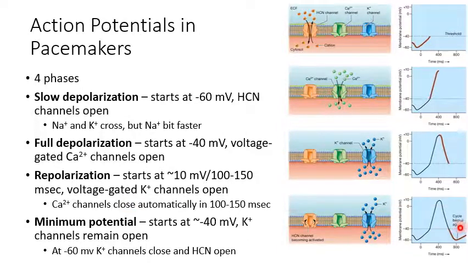So the cell is overall having more potassium leaving than what it has sodium entering, and it's going to continue to repolarize, but it just might be moving a little bit more slowly than it had in the repolarization phase because of that sodium current as well. Once you get back down to about negative 60 millivolts, the voltage-gated potassium channels will close, the HCN channels remain open, and you begin the slow depolarization phase again.